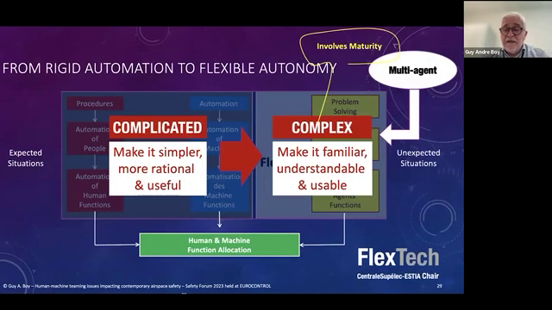Then, as I put it here, complexity involves maturity. You understand a system when it becomes more mature, in fact. At the beginning of the 20th century, for instance, the drivers were coachmen.